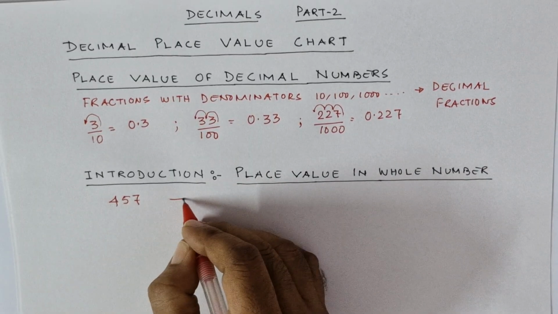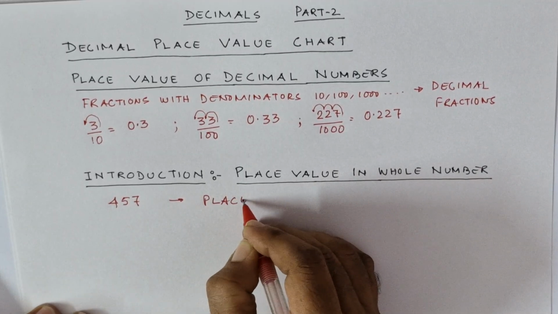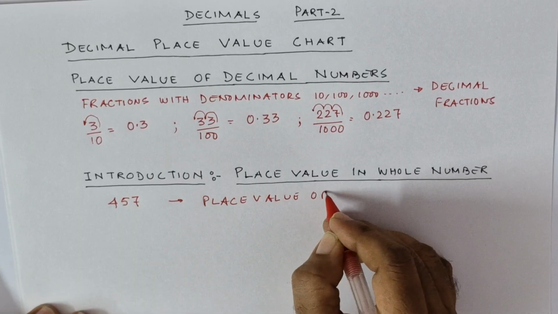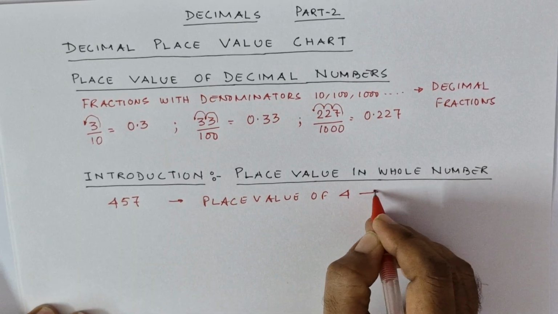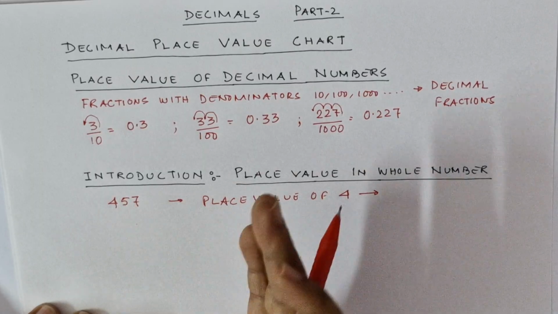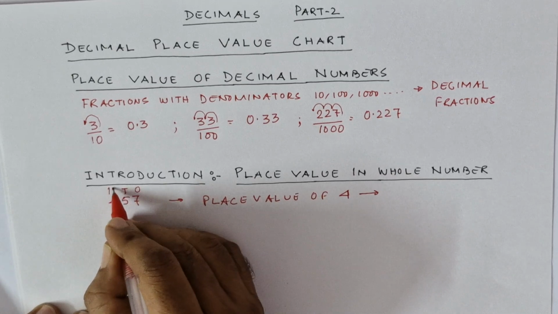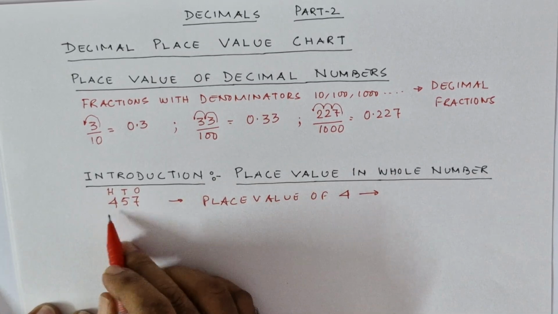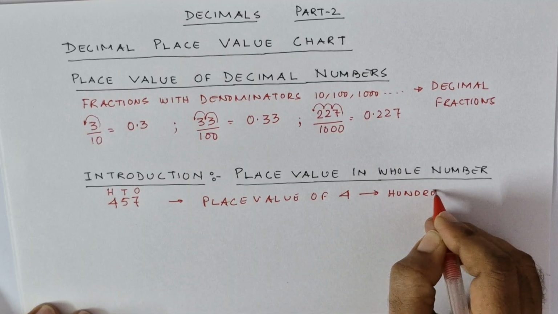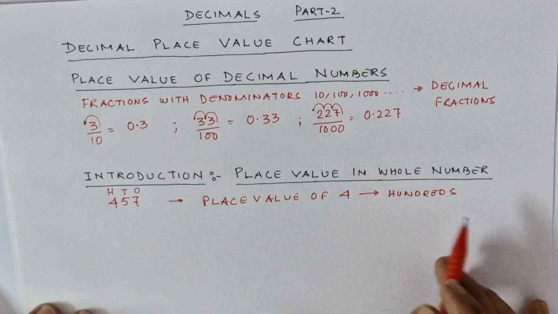Now the place value of 4 here is what? You remember 457, from the right we write ones, then comes tens, then come hundreds, right? So 4 will be in the hundreds place. The place value will be 4 multiplied by 100, which is 400.